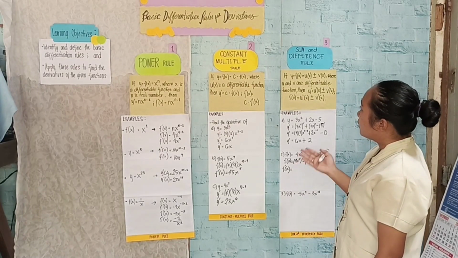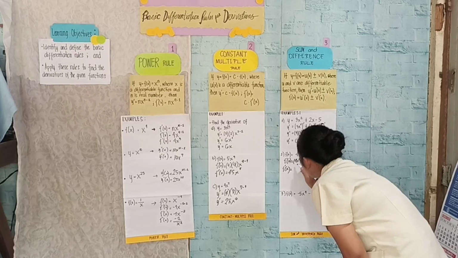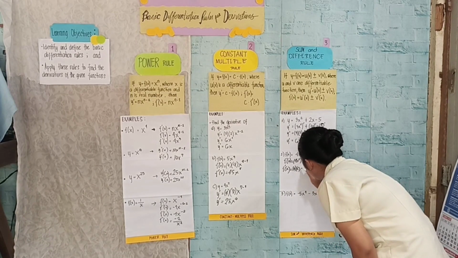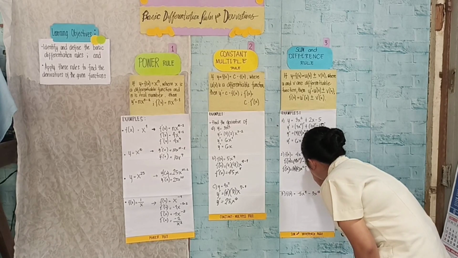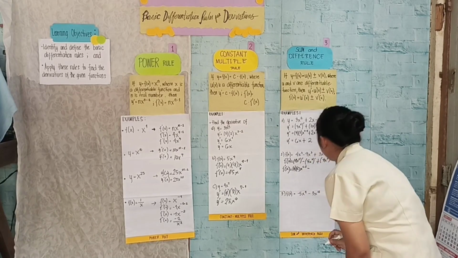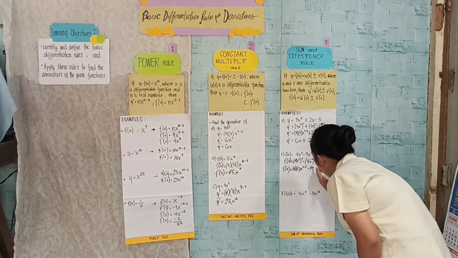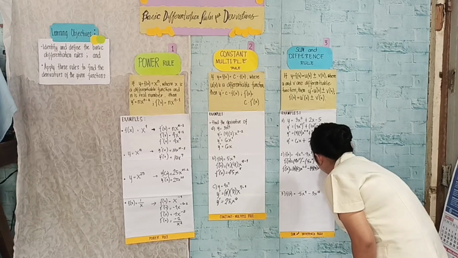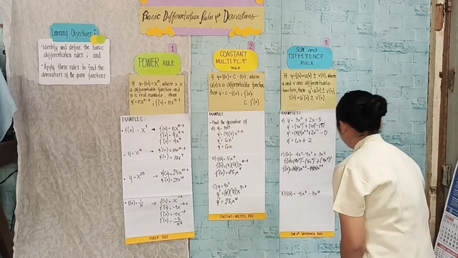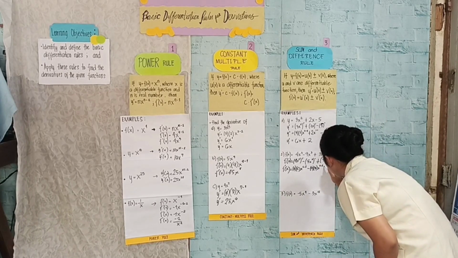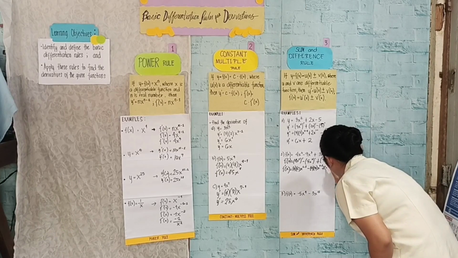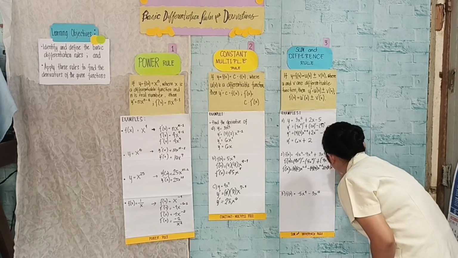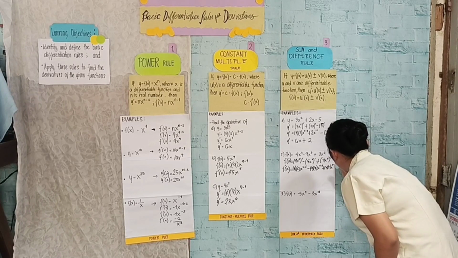It is still the constant multiple rule. So 4, the numerical coefficient, multiplied by the exponent, then x to the 6 minus 1, minus 9 times the exponent, which is 3, and x to the 3 minus 1, plus 3 times 2, then x to the 2 minus 1.